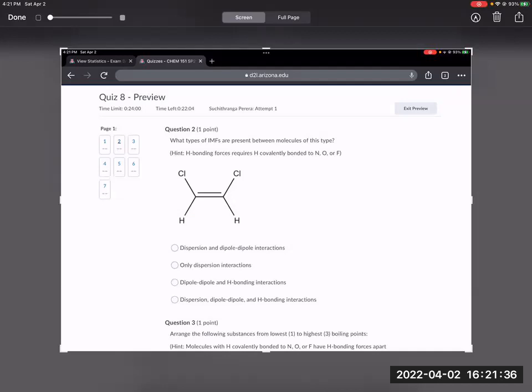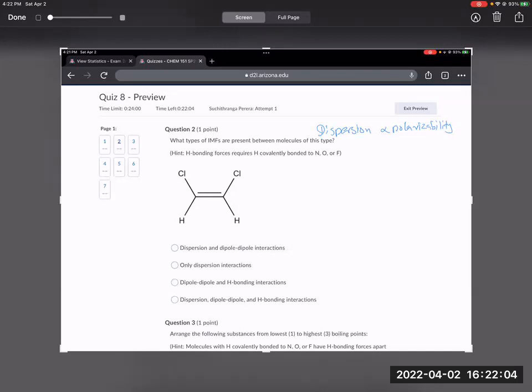The types of intermolecular forces we know are dispersion forces, which depend on the polarizability. All molecules, ions, anything you can think of, have dispersion forces because they are polarizable. Everything has an electron cloud. So dispersion is clearly one of the options.